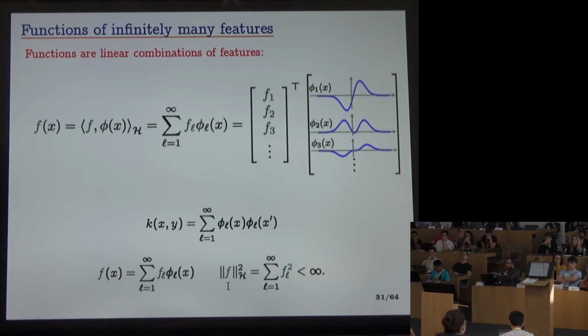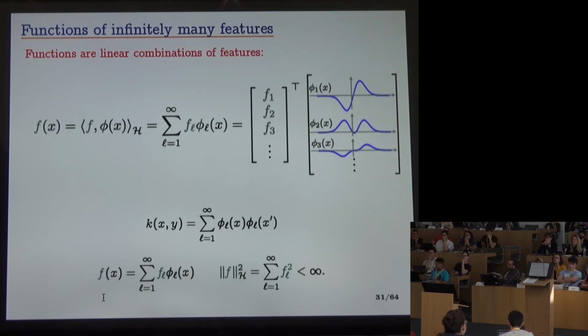Now, my norm of f has to be finite, the sum of the squared coefficients has to be finite, so that f of x is finite. That's exactly the same argument that we made already. The dot product of the coefficients f with the features is upper bounded by the norm of f times the norm of the features. So my norm of f has to be bounded for my function not to be infinity.